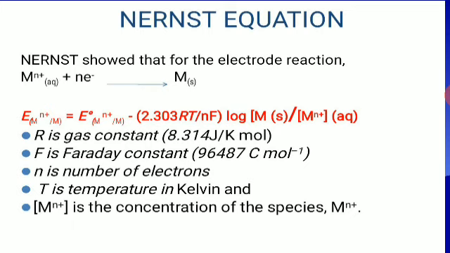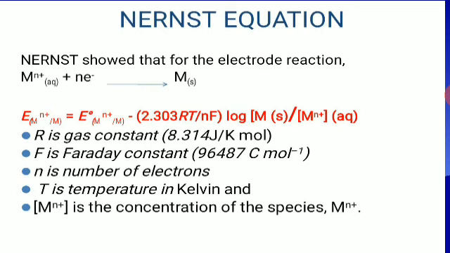n is the number of electrons transferred and T is the temperature in Kelvin. The concentration of the species is M n positive, and the concentration of the metal, which is in solid state, is taken as 1. Because 2.303, R, T and F are constant, the only value that changes is n.